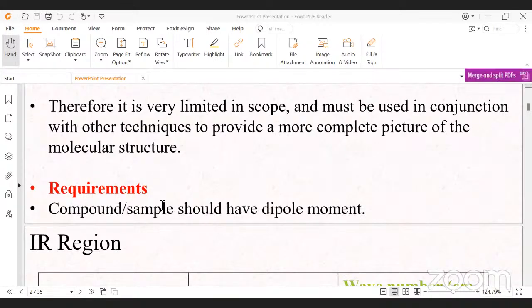What is the basic criterion of whether a sample is IR active? The sample should have a dipole moment or induced dipole moment. If the sample doesn't have a dipole moment, the sample is inactive for IR spectroscopy.